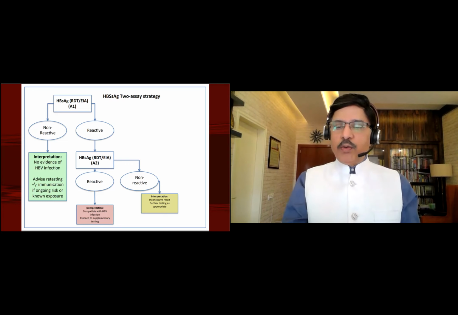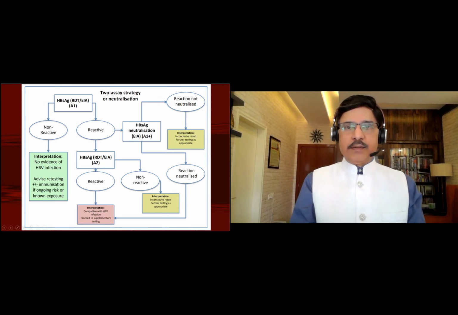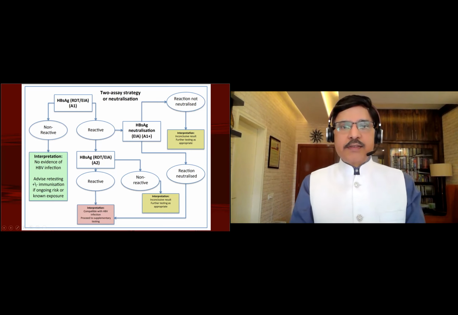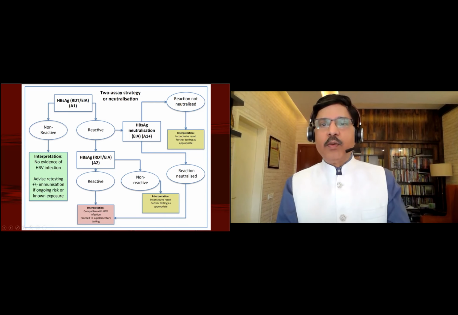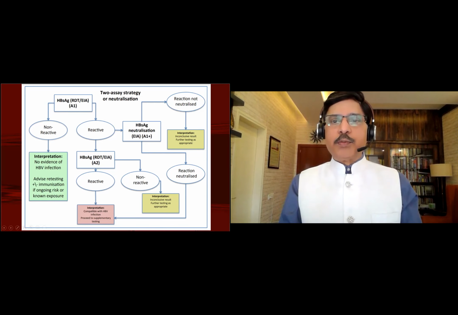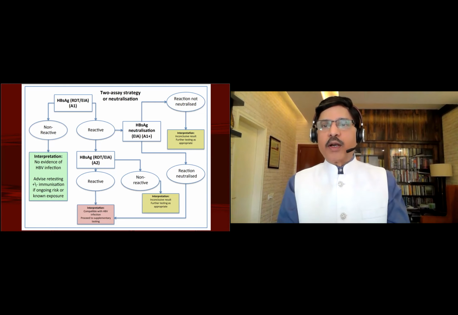Then what do you do? What do I do? The next one would be what is called the HBs neutralization test. I can do either a second test with HBs antigen or a neutralization test. Here what I do, I supply antibody to the HBs and see whether the HBs antigen in the sample is neutralized or not.